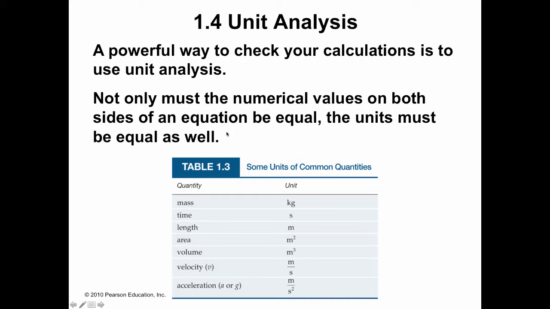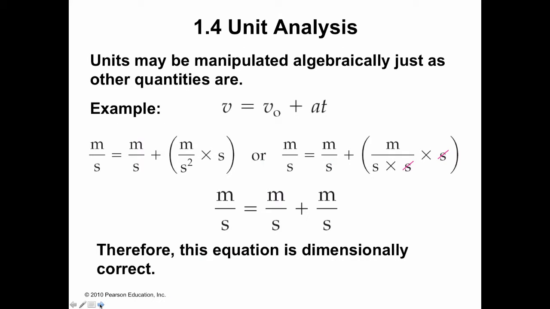And so like velocity right here, velocity is meters per second, which is the length over time. Okay, and so if I'm measuring some sort of length over time, then my units should be meters per second. It gets a little more complicated than that as we move forward.